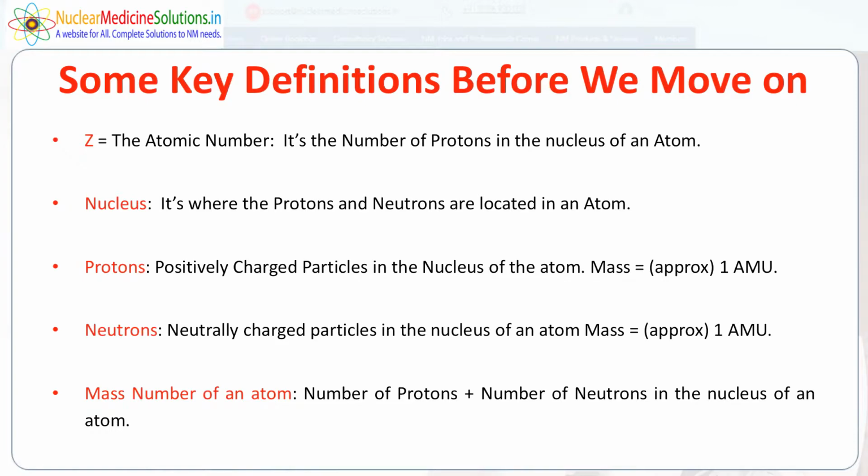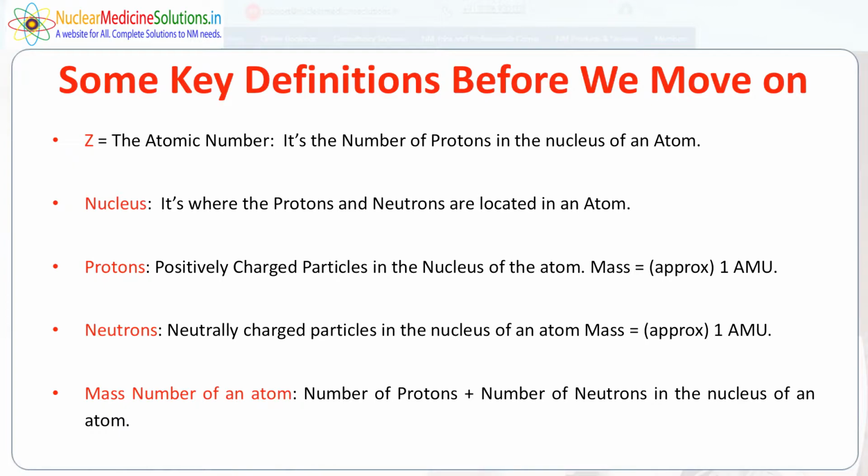What is a neutron? Neutrons are particles which are neutrally charged. It means they do not have any charge. As we define the proton as positively charged and the electron as negatively charged, neutrons do not have a charge, but neutron and proton both combine to make a nucleus. Then comes the mass number of an atom.